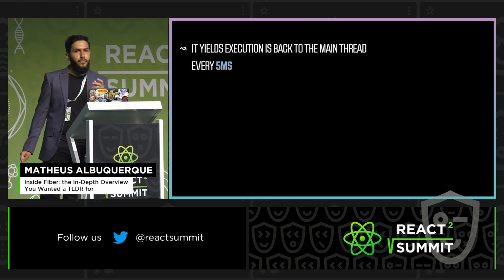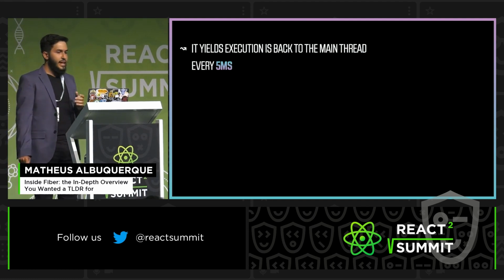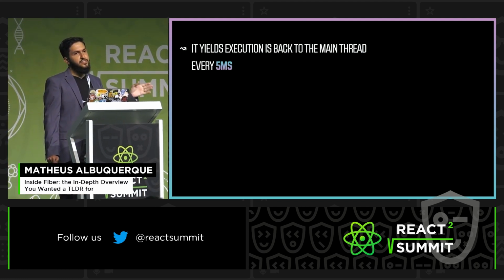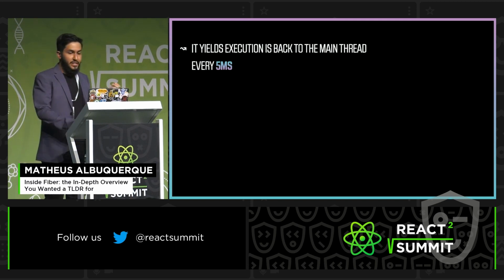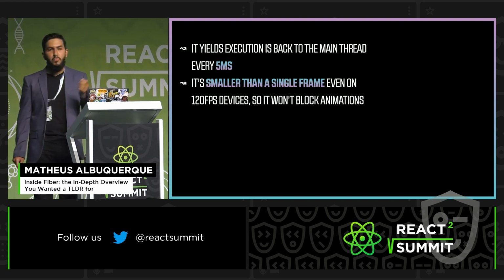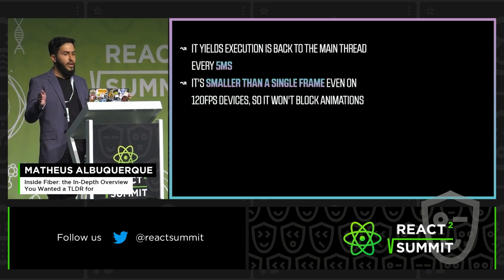And my favorite fact about that is that it yields the execution back to the main thread every 5 milliseconds. And the first time I figured this out, I was like, OK, but why 5? Is this one of those magical CSS numbers we use sometimes? And it's not. Actually, it's the smallest thing you can fit in a single frame, even on 120 FPS devices.